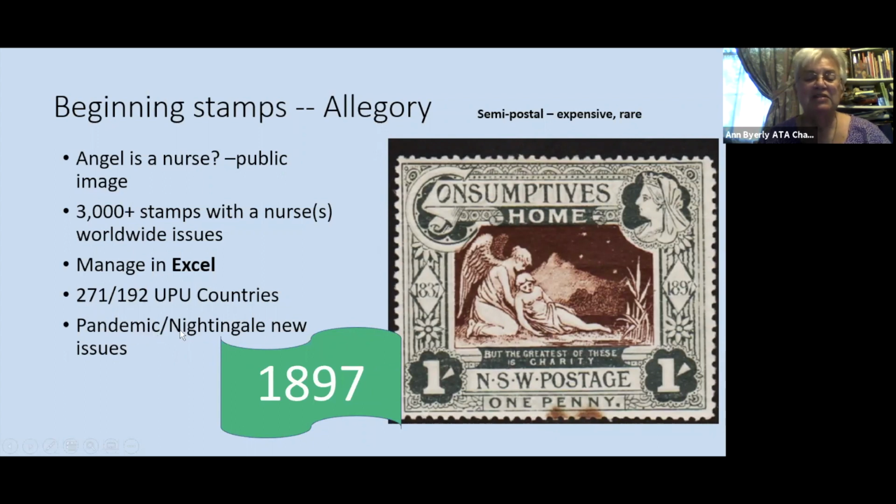Pandemic and Nightingale's new issues. There's a lot of times when you're collecting stamps, even though it's not really a small number, that I sort of ran aground. For the last three or four years, I had 20 stamps that were modern issue, 1970s, 1980s. Nobody ever had them. I would go to stamp shows and not find anything at all.